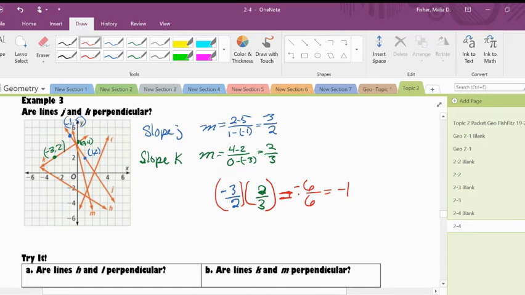Another way of looking at this is to say that they are opposite reciprocals. Perpendicular slopes are opposite reciprocals.